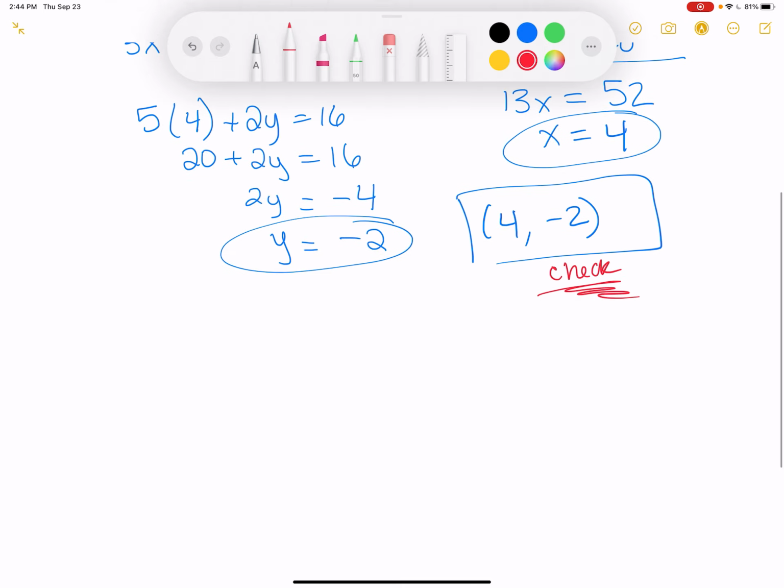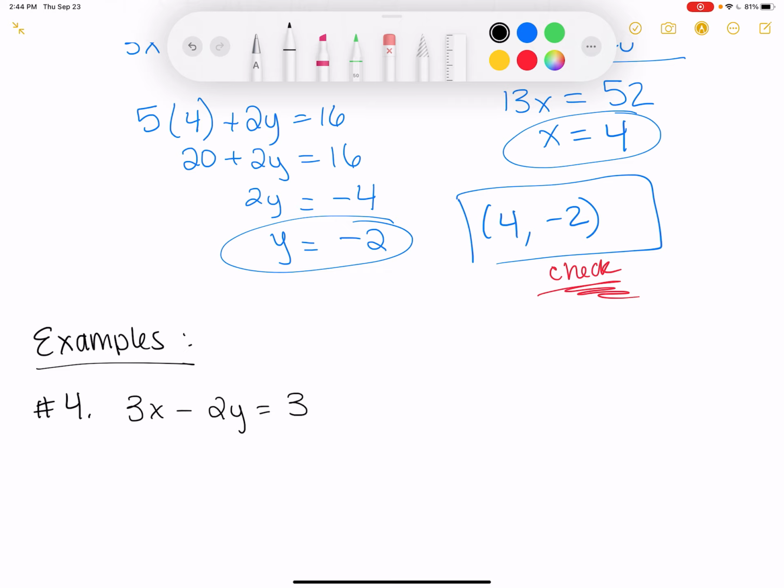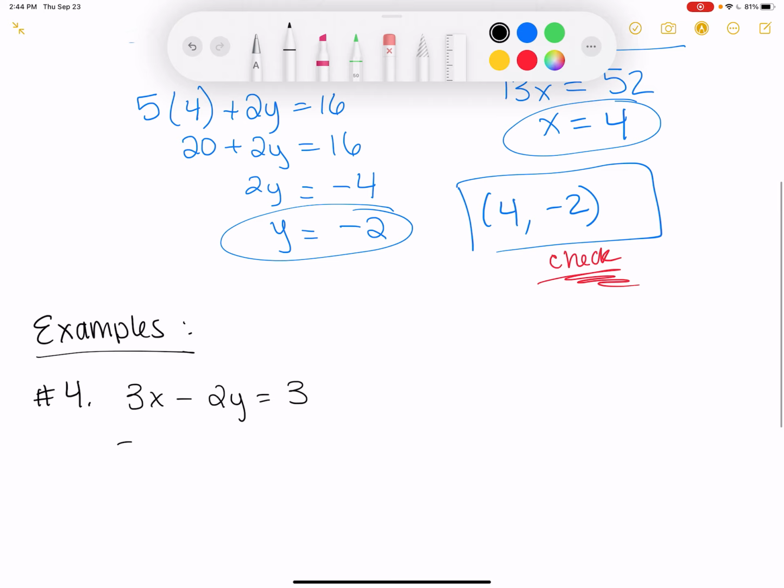All right, so looking at a few examples here. Let's go ahead and start with 4. 3x minus 2y is equal to 3, and negative x plus y is equal to 1.